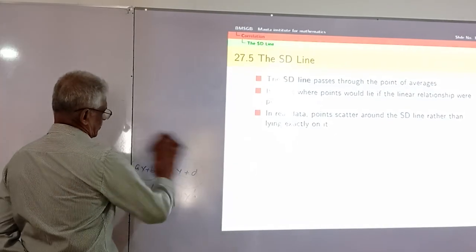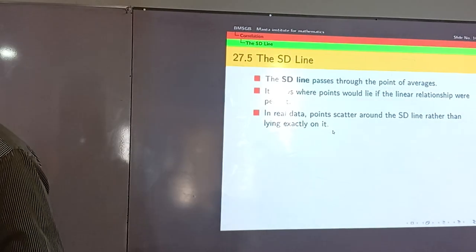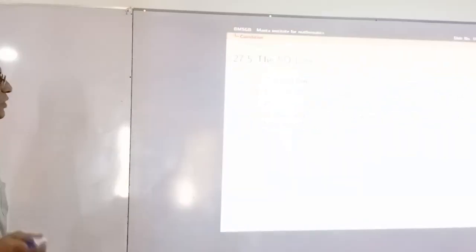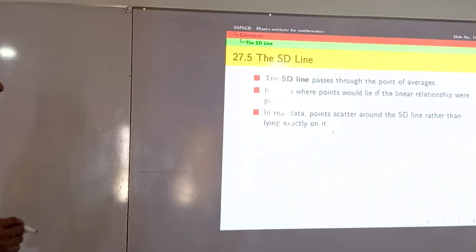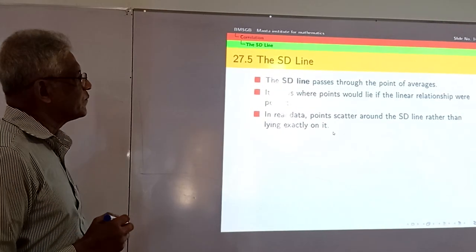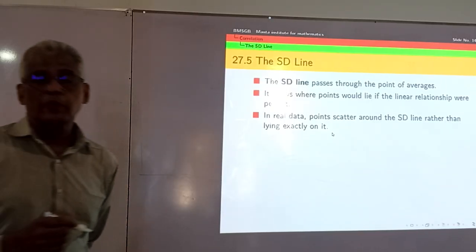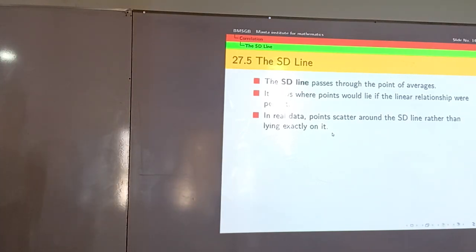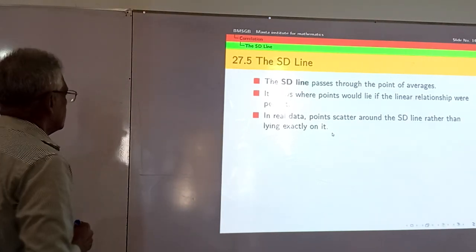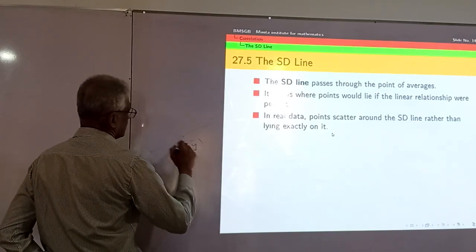And then we discussed in the class something called the SD line, which is also going to be related to the regression lesson. So when you have a scatter diagram, what do you mean by the SD line? The SD line is the line where the points will be if the correlation is perfect, if it is positive 1 or negative 1, right? This line always goes through the (X bar, Y bar) point.